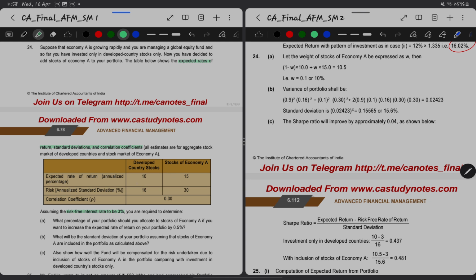So we need to know what the current portfolio is. Since they have already mentioned it is invested only in developed country stocks, that means their current expected rate of return is 10 percentage. So plus 0.5 percentage will be 10.5. Now this will be the expected return of the portfolio.